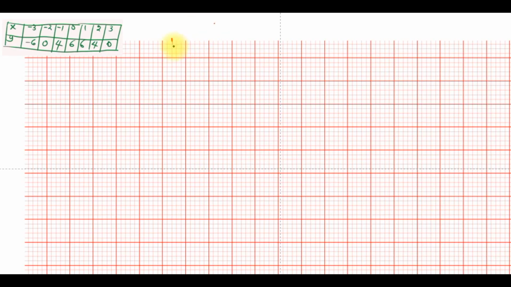Okay, we are on the graph now. So see the graph book. Let's now plot these values. So we need to locate our x and y axes.